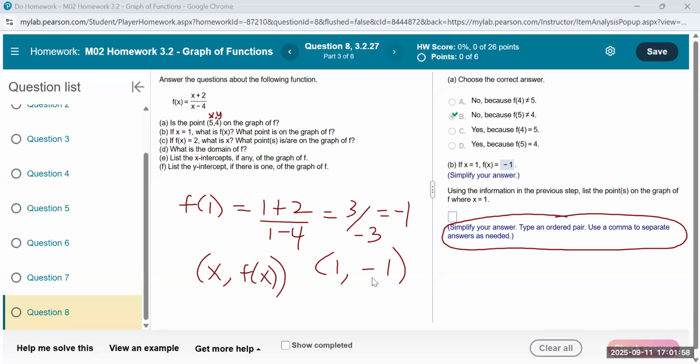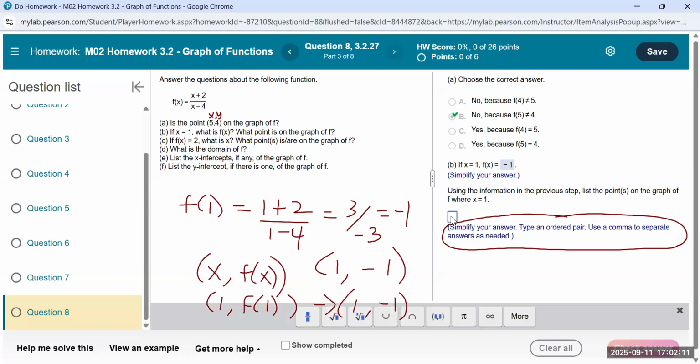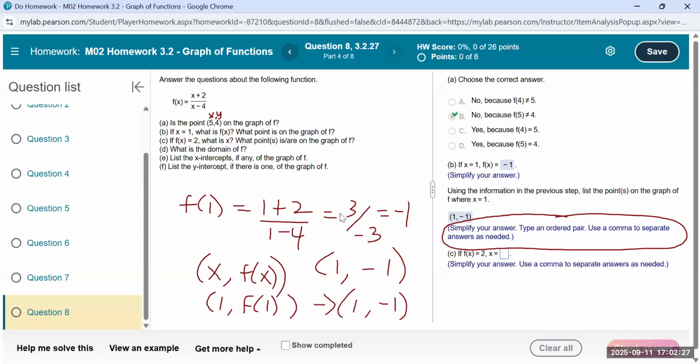Your x is 1 and f of 1 is -1. So you open your parenthesis, and then you put 1, and then -1. So that is for B.